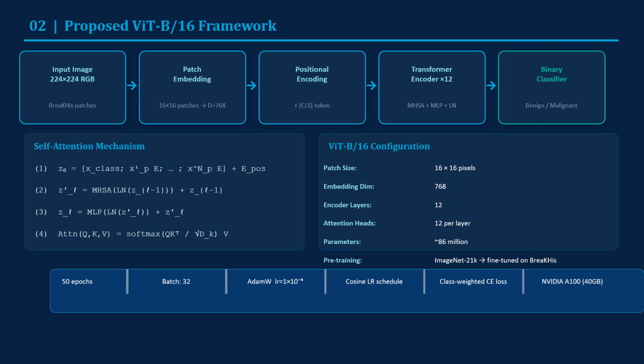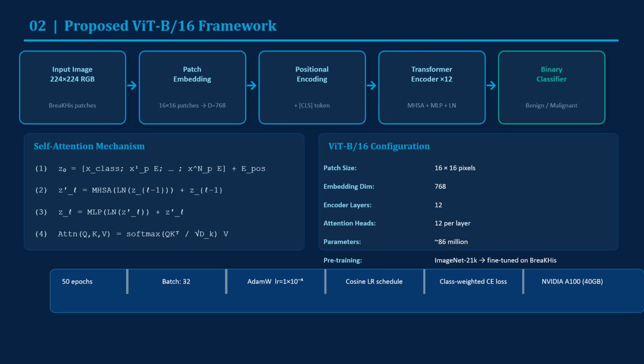Now let's look at our proposed model. The idea behind vision transformers is quite different from the traditional CNNs. Instead of analyzing the image piece by piece using convolutional layers, the vision transformer first divides the image into many small patches. You can think of these patches as the small pieces of a puzzle.